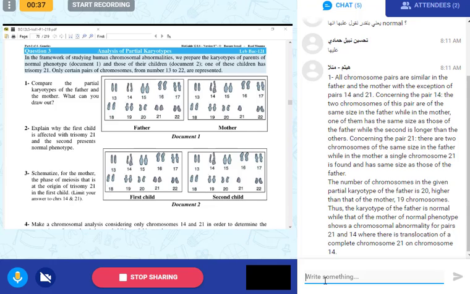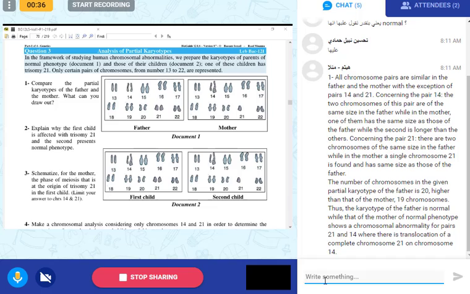So the number of chromosomes in the given partial karyotype of the father is 20, as a total number shown, higher than that of the mother. Remember, the word higher is used in comparing, which is 19. Now we go to the conclusion.